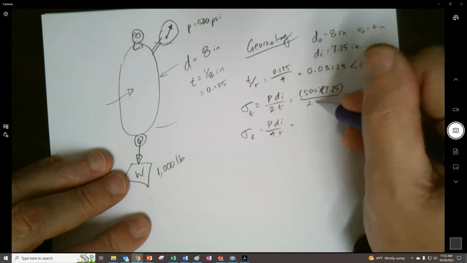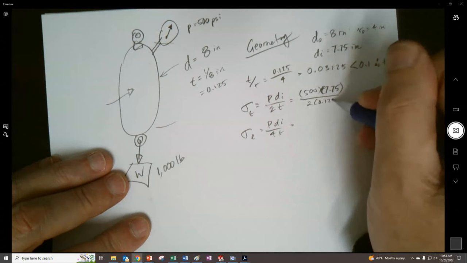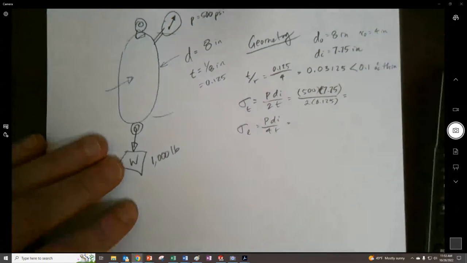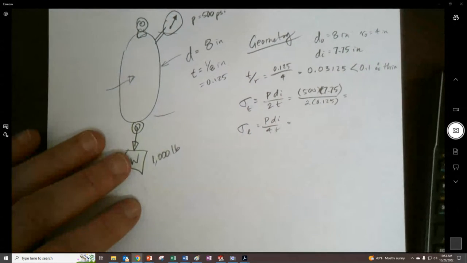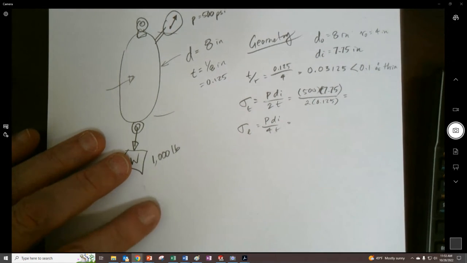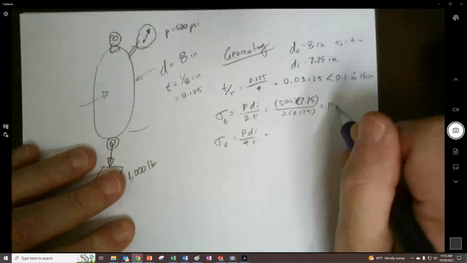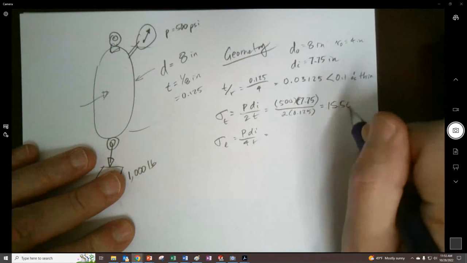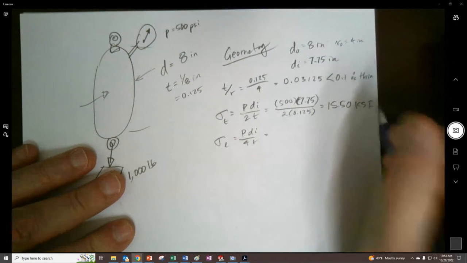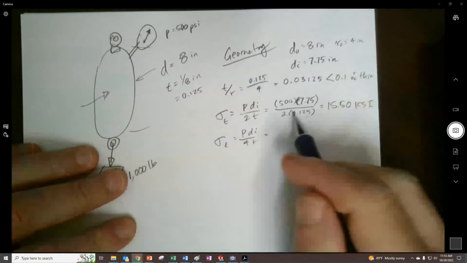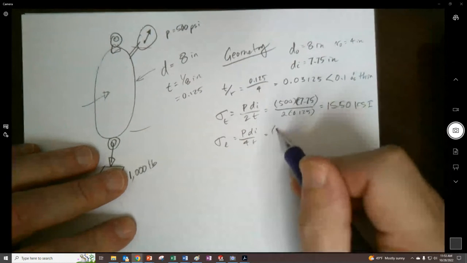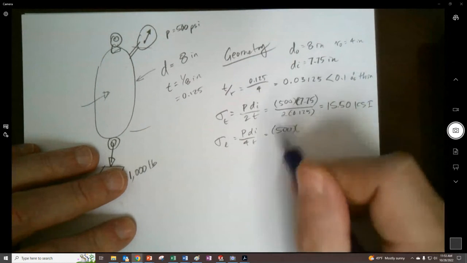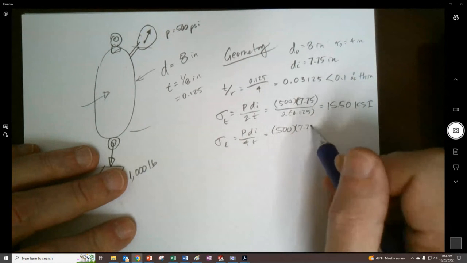And 2 divided by 0.125. 500 times 7.75 divided by 2 divided by 0.125. So that's like 15.5 ksi.